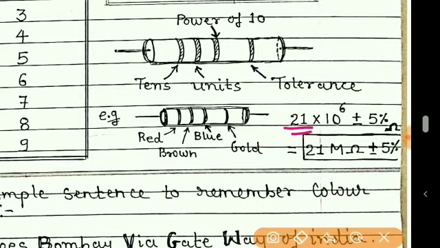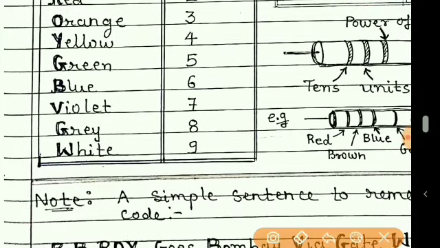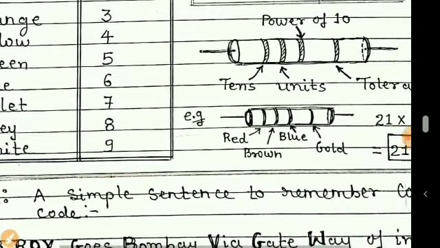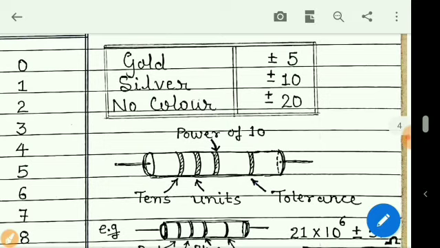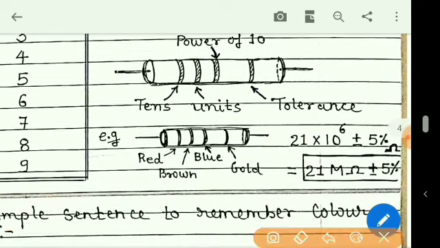Now this third band, which represents the power of 10, is of blue color, and in this table blue represents number 6, so the power of 10 is 6. The last band is gold, and gold represents plus or minus 5, so I have written here plus or minus 5%.